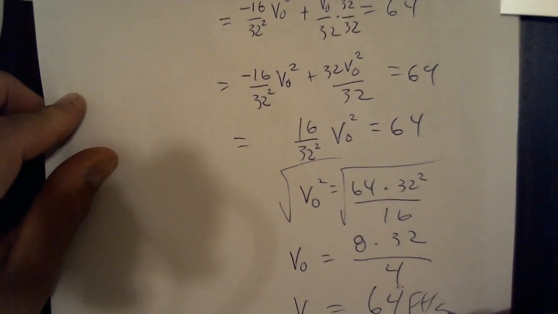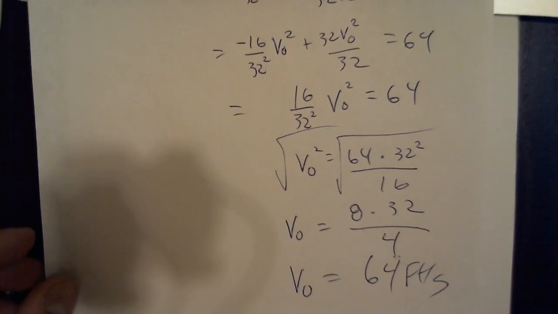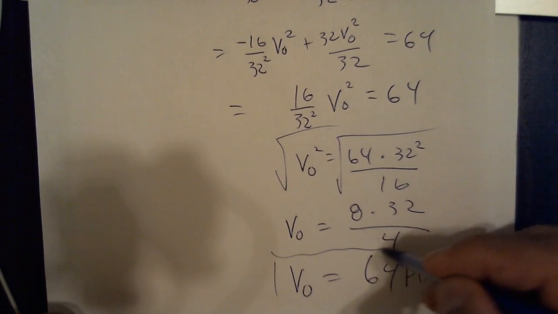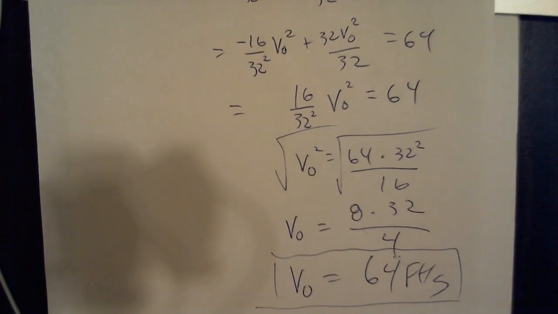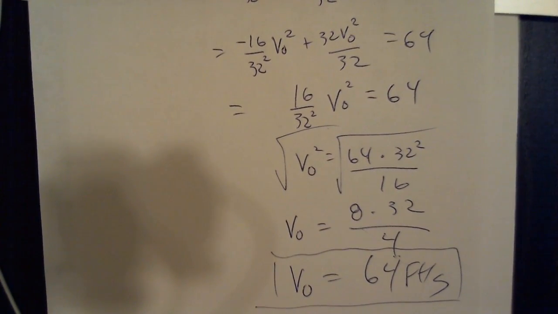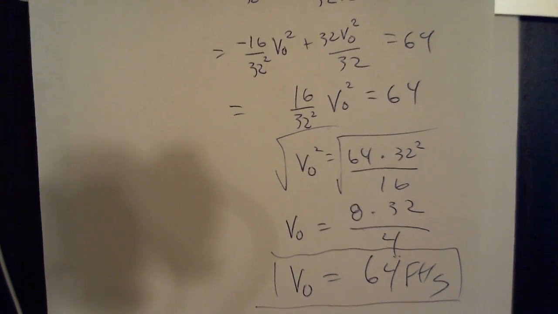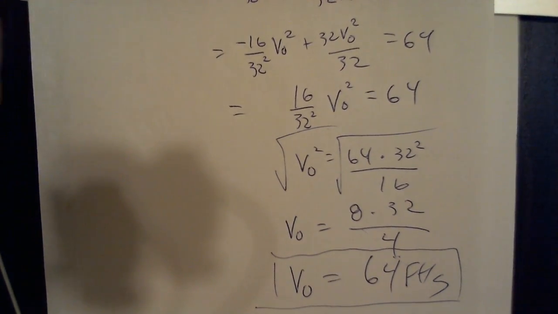That is my initial velocity for the stone thrown from the ground so that it reaches the exact same height as the previous stone, which was thrown with an initial velocity of 32 feet per second. What do you guys think? Any questions on this example here?